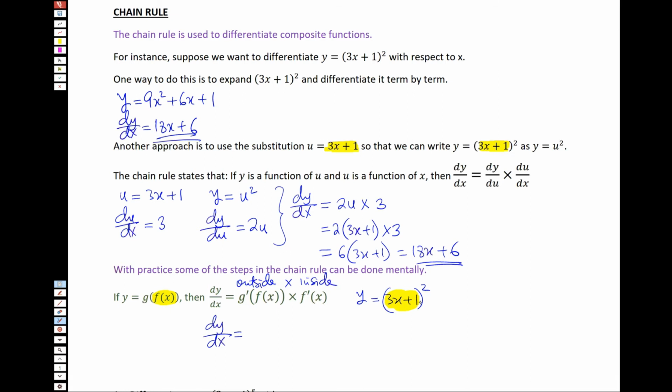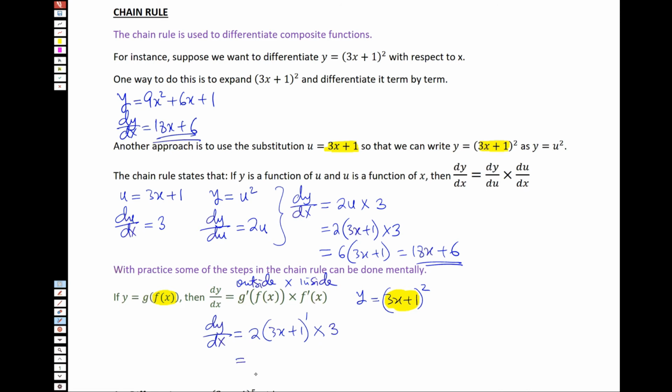So basically, we differentiate the outside, so we ignore the highlighted part. Using power rule, you bring the 2 in front, assuming this is just a variable. So 2 into (3x plus 1), you don't touch the inside, and then reduce the power by 1. And then now we differentiate the inside. Now the inside is 3x plus 1. Again, by power rule, if we differentiate that, that will be equal to 3.